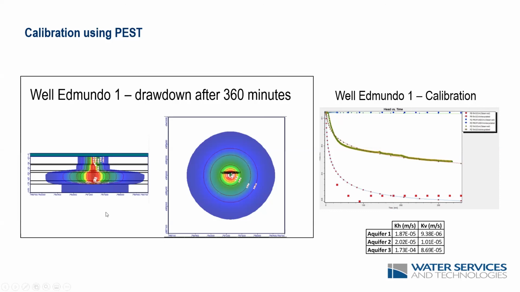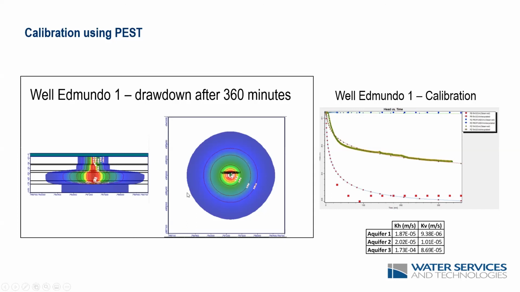And this is what it looks like in profile. And here we can also see that the size of the model domain was adequate, because we see that the drawdown for this condition did not reach the limits of the model.